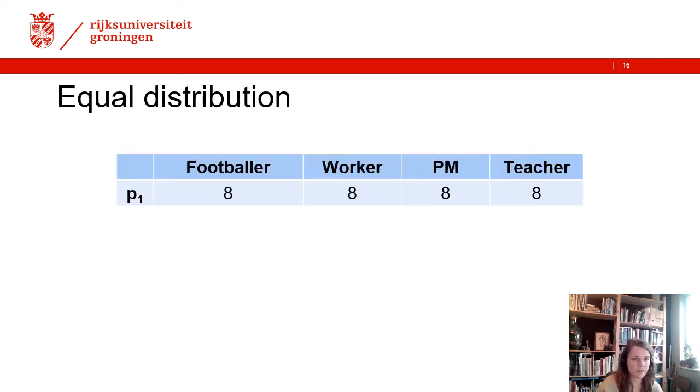So this is a distribution of resources. Imagine this is just a society where we have a footballer, a worker, a PM, and a teacher. And everybody in this society gets an equal amount of goods. So this we would call the first distribution, an egalitarian outcome, right?